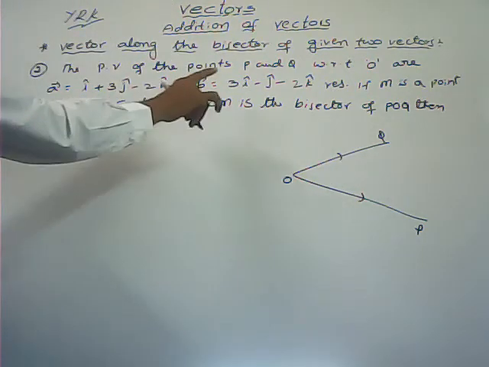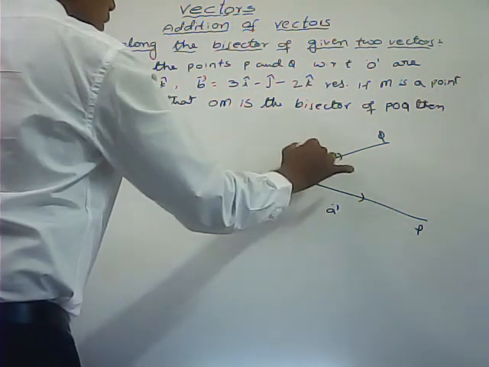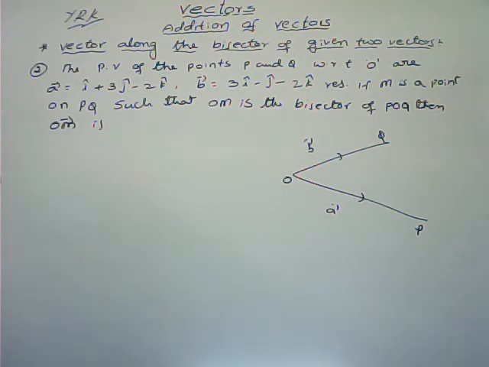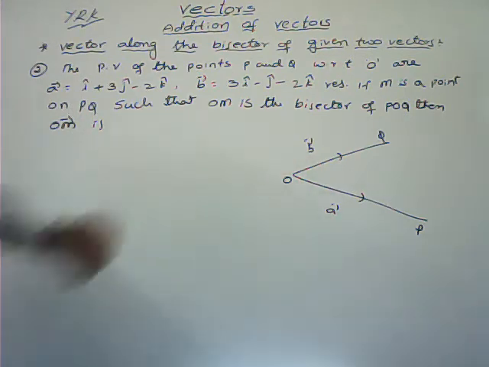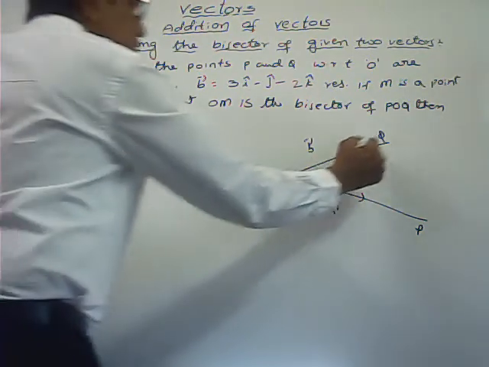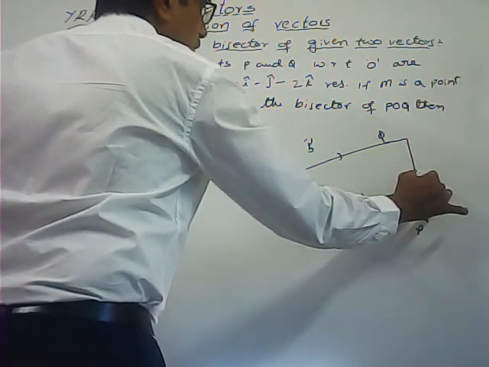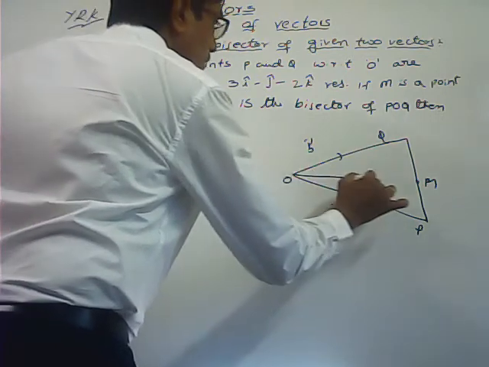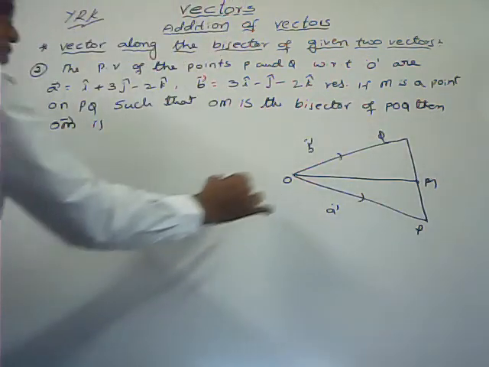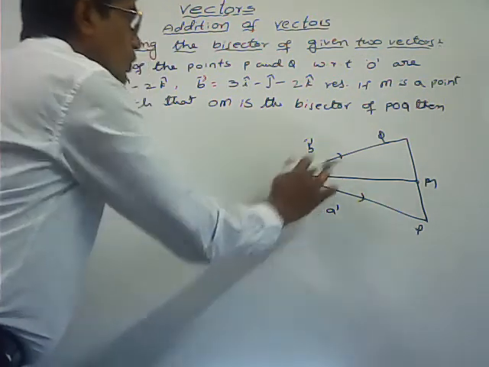OP bar is the A bar, and this one I am taking as B bar. The position vectors of the points P, Q with respect to origin. Now M is a point, join these two. Here M is a point on PQ such that OM is the bisector of angle POQ.